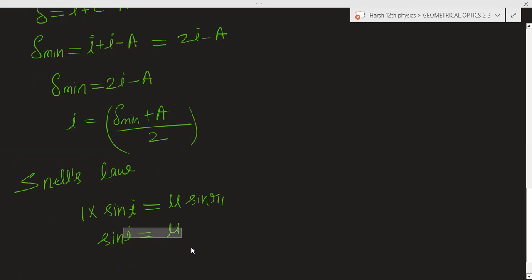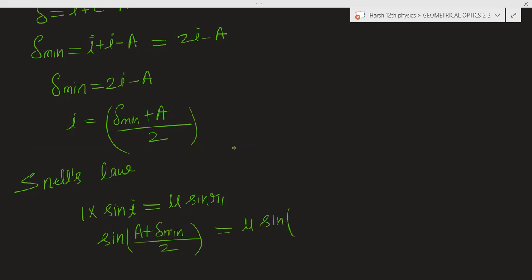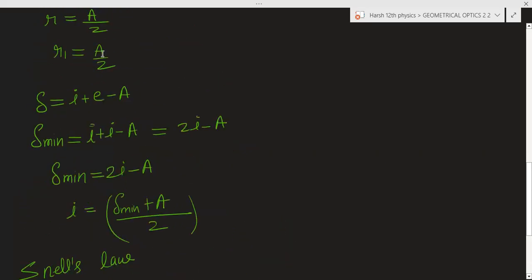For sine of I, we can put the value del minimum plus A by 2, or you can say A plus del minimum divided by 2, and here you can write refractive index mu sine of R1. What is the value of R1? A by 2.